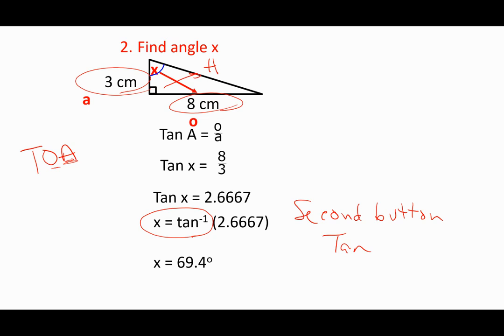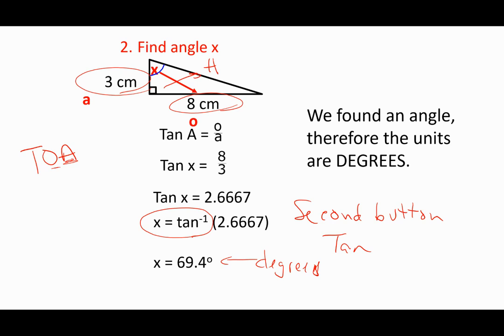Second button and then tangent, and that'll give us our value. And then we have our units right here of degrees. So that's how you find the angle measurement. It's all using your calculator work, so make sure you use your calculator and make sure you have a scientific calculator.